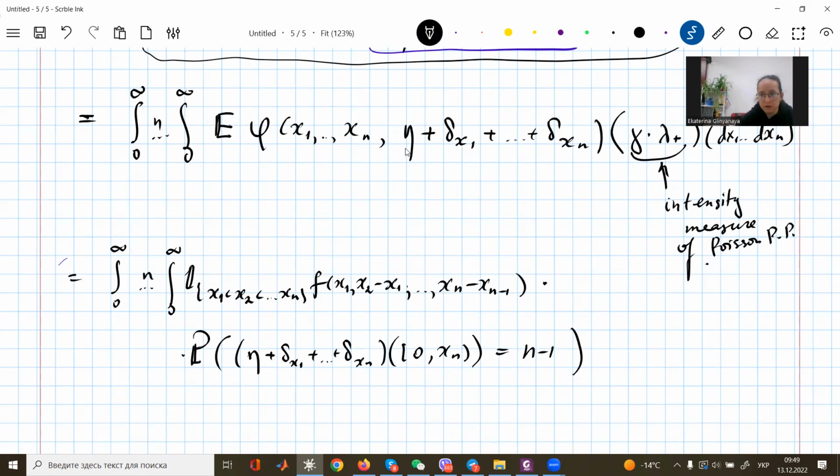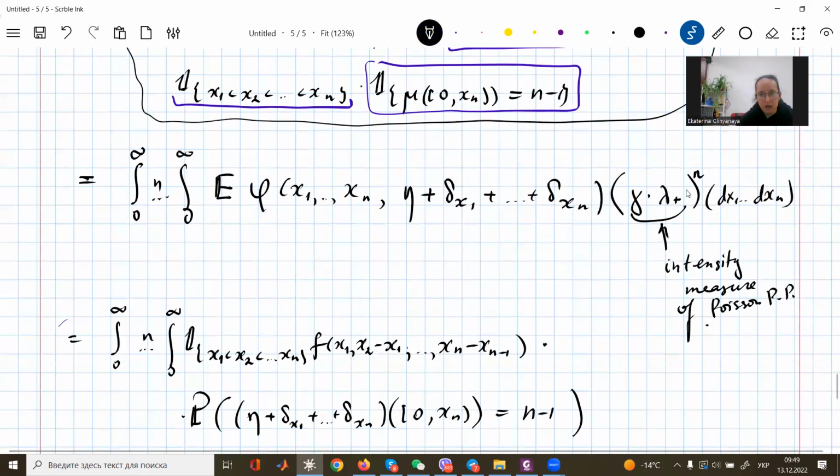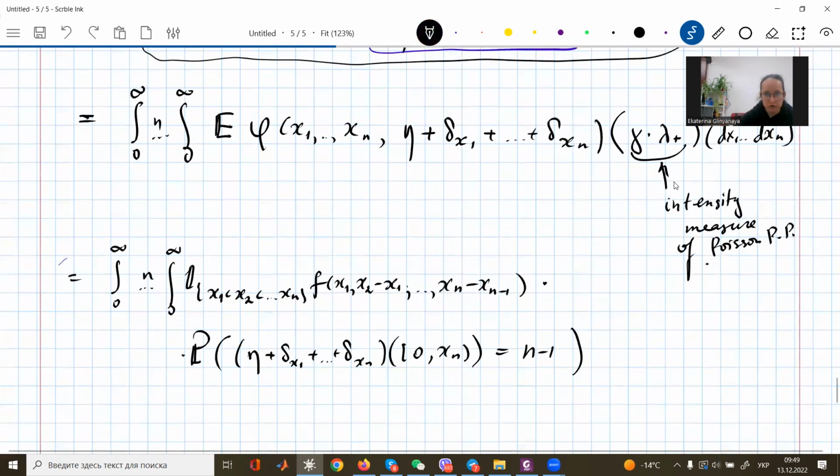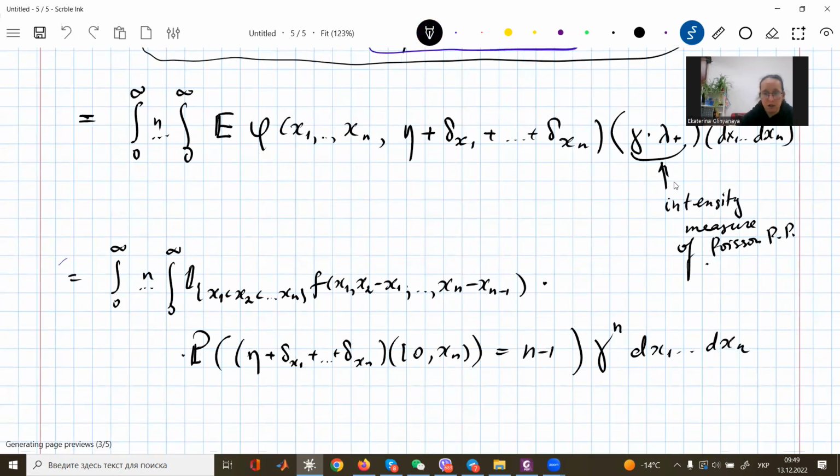Now, since I take lambda plus equal to the Lebesgue measure, I have just a constant to the power n, and here dx1 ... dxn, because this is just the Lebesgue measure.